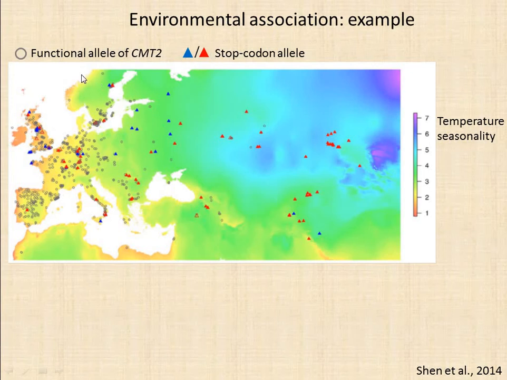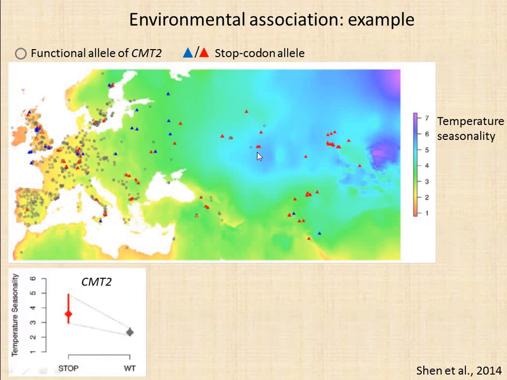What is pretty clear is that the functional allele is most of the time found in rather temperate regions, so the temperature seasonality is rather low. But if you go for more extreme climates, with very cold winters and very hot summers, actually the majority of the alleles found are these stop codon alleles.